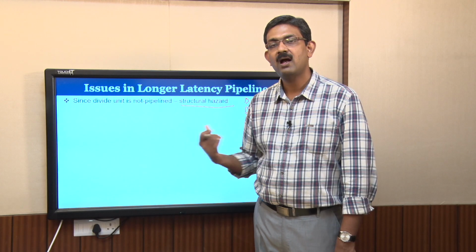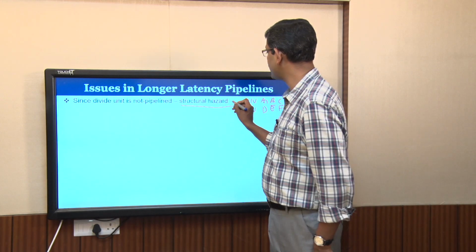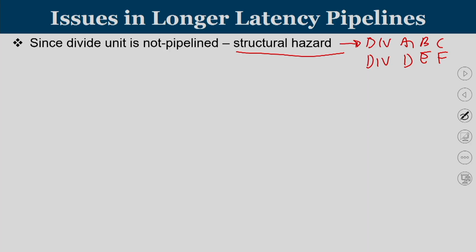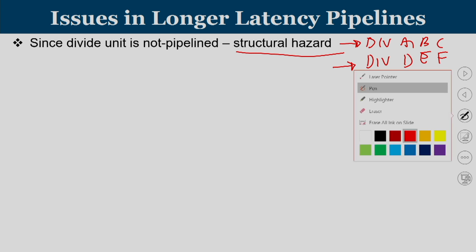But if you are using an unpipelined division unit, and this division starts at clock cycle 1, then the second division can start only at clock cycle 25. This is because from clock cycle 1 to 24, the second instruction cannot use the same resource which is already in use by the first instruction, and that is what is called a structural hazard.